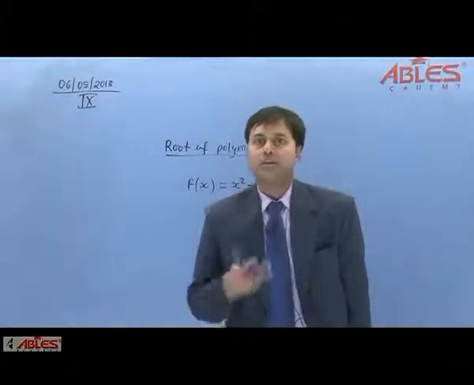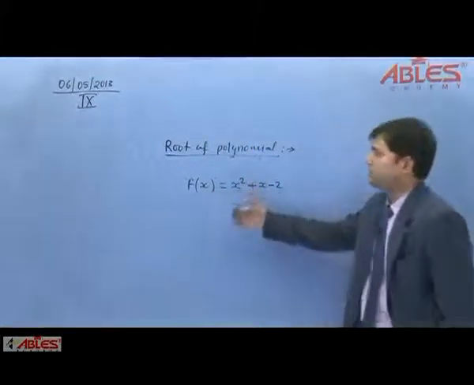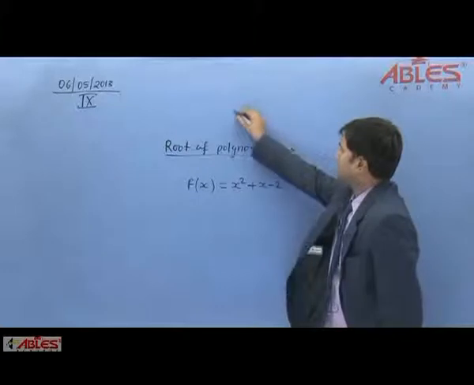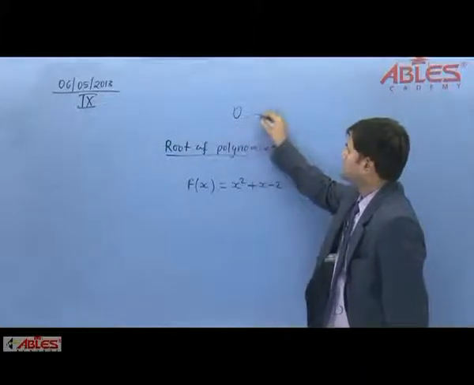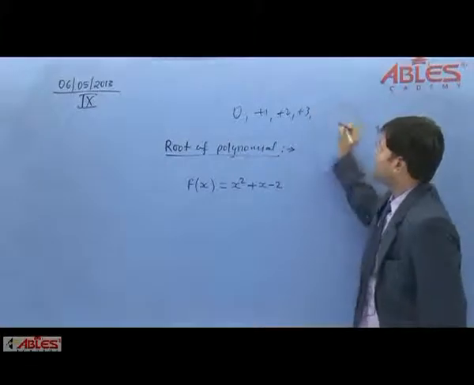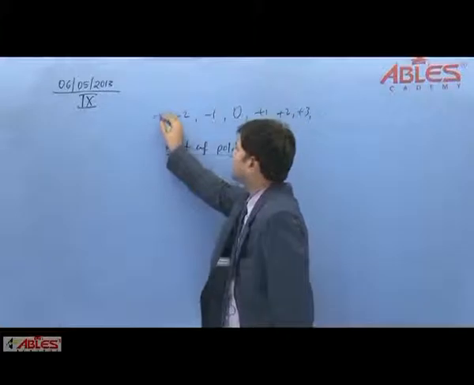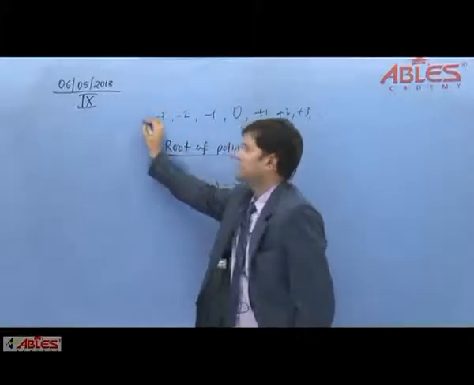So first, what is the root of a polynomial? Suppose we can put values of x: 0, plus 1, plus 2, plus 3, and the negative integers minus 1, minus 2, minus 3, like this.